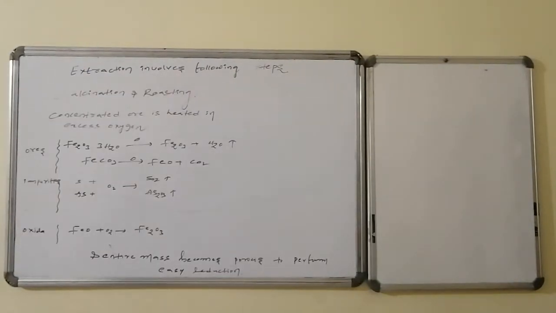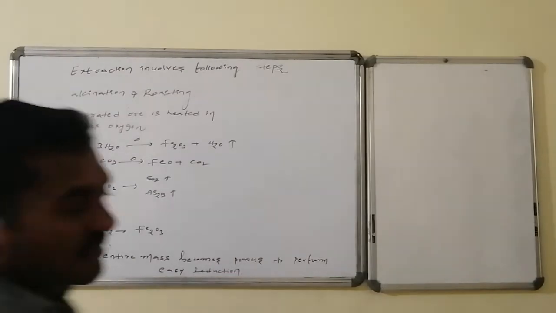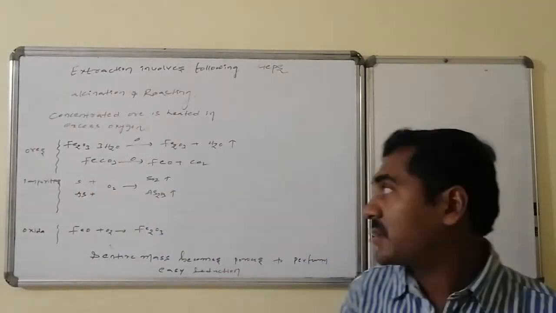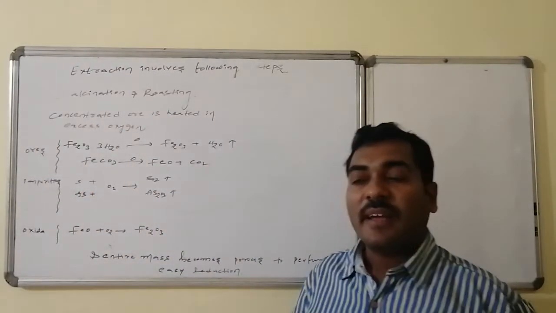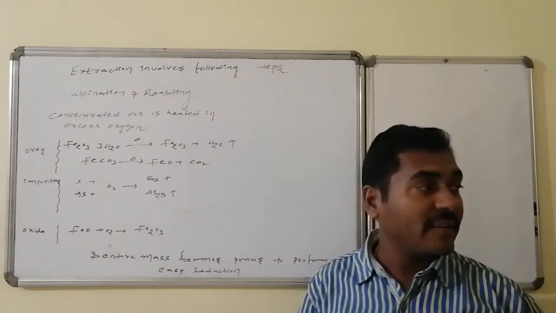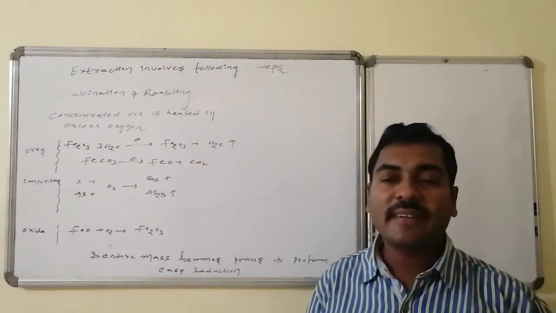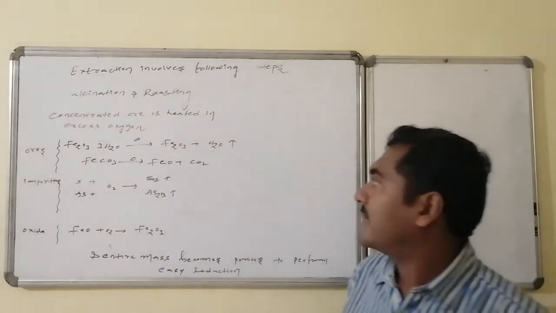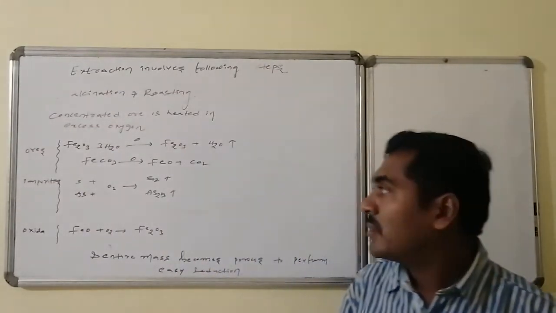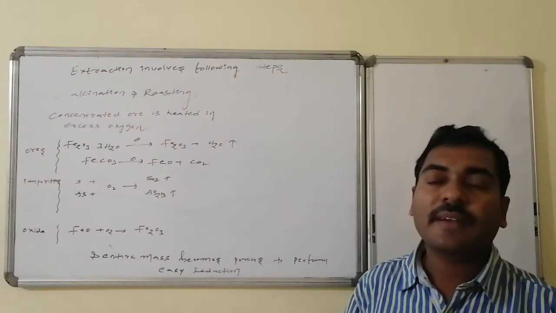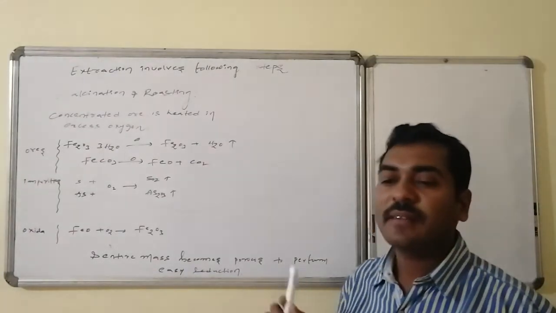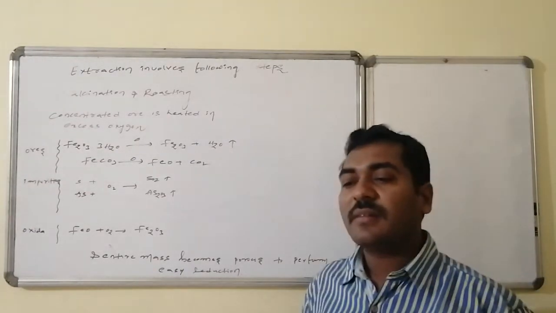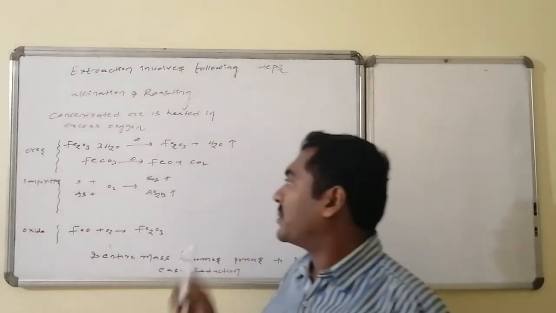In the calcination and roasting process, the concentrated ore is heated in the presence of an excess amount of oxygen. As a result, the hydrated substances of the ore get dehydrated and converted to free ore, and any carbonate ore present is converted to oxide followed by carbon dioxide.